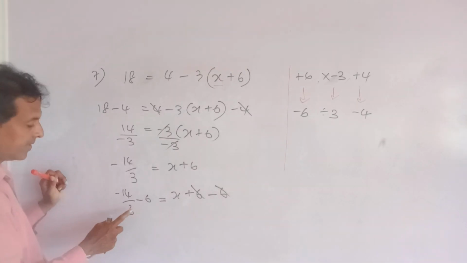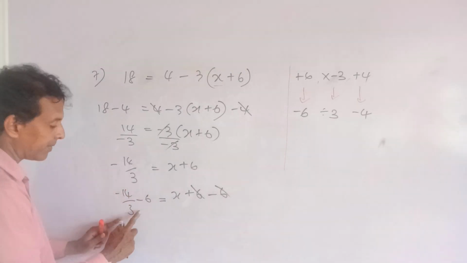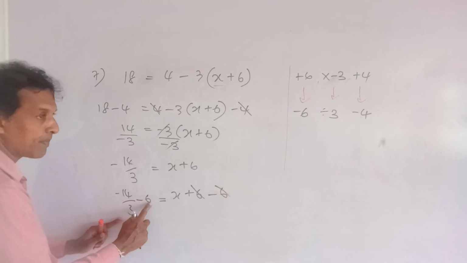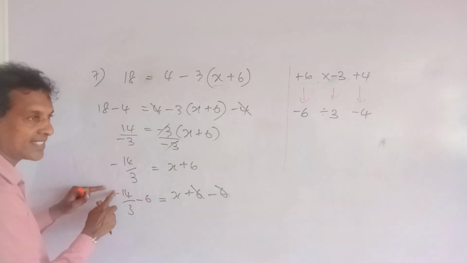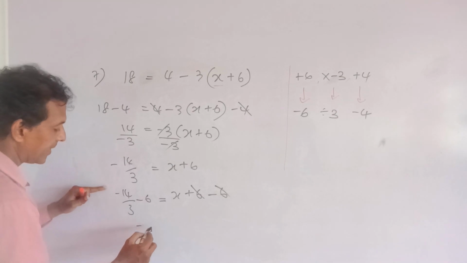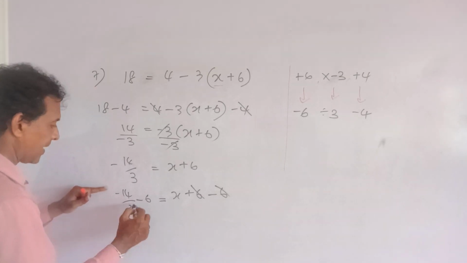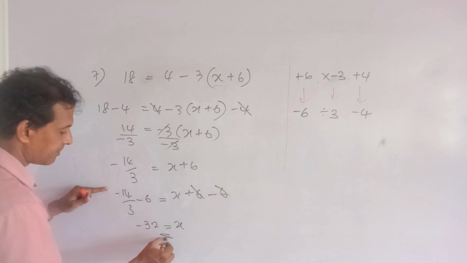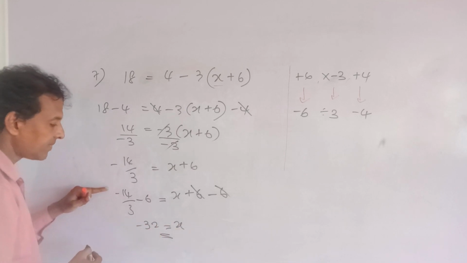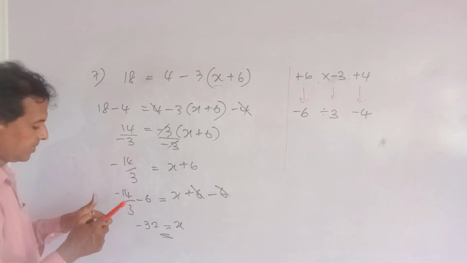For the moment, remember that when we have a fraction with a whole number, multiply the denominator by the whole number. That is minus 6 into 3 is minus 18. Minus 18 minus 14 is minus 32 equals x. The answer is minus 32.